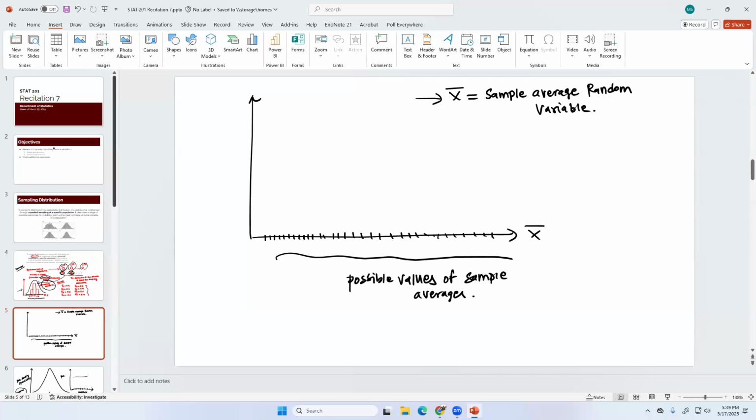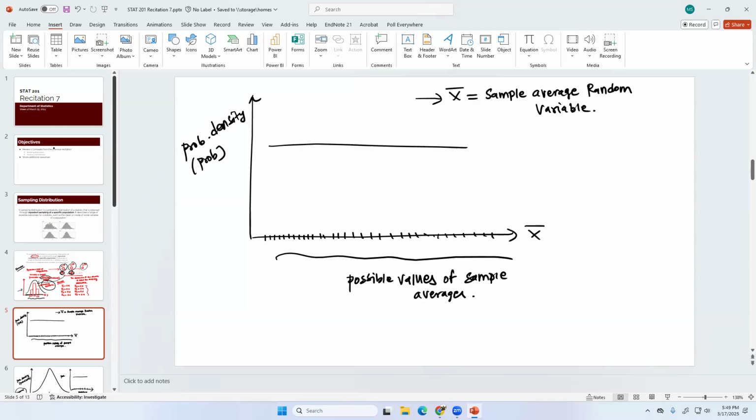And the distribution, you have the probability density, or probability. So what will be the probability of these possible values?